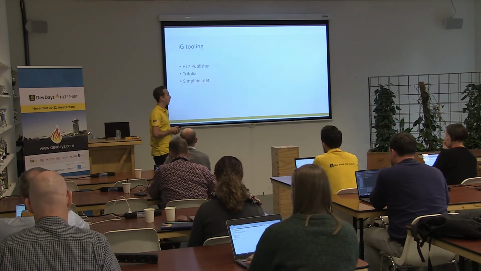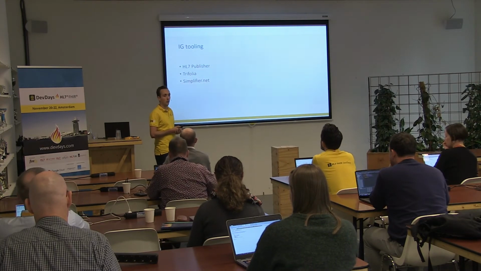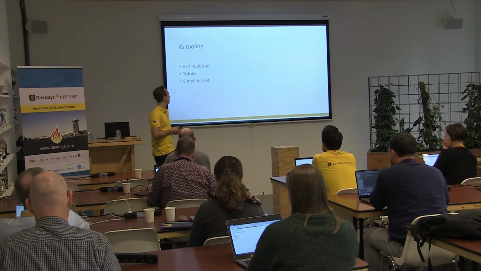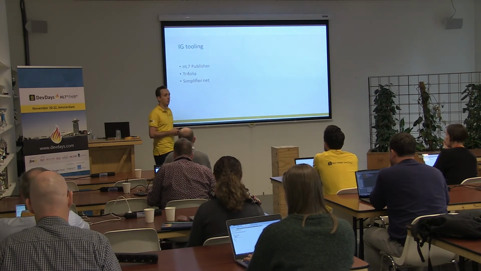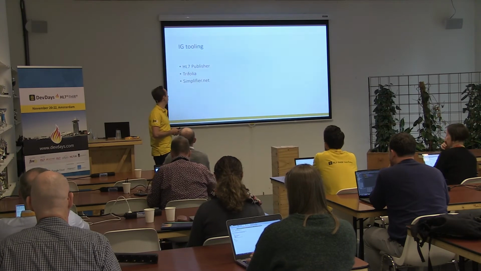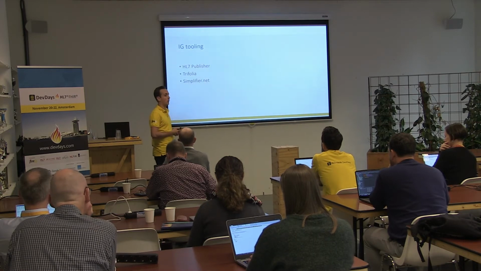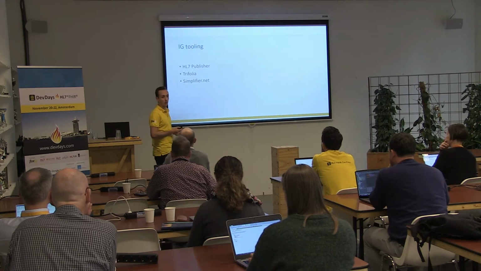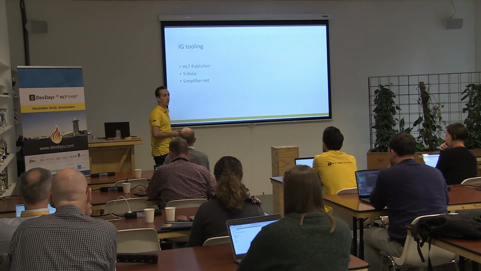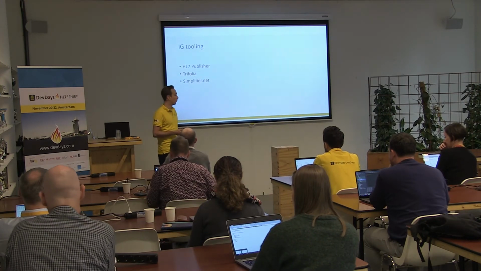So far, we've got three main tools out there that can be used. We've got the HL7 publisher, which Lloyd talked about in the previous two sessions. We've got Trifolia, which is a kind of layer on top of the HL7 publisher to help you create those kinds of implementation guides. And we've got the IG editor of Simplifier, which we're here for now.